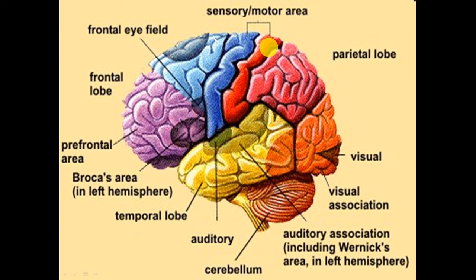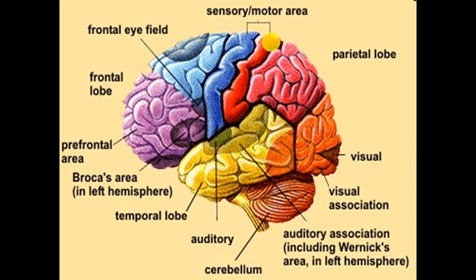The postcentral gyrus is for sensory. So it is receiving information from your body. So if you touch something, the sensory information goes up to your postcentral gyrus, and then you interpret what you're touching. This is how you can, for example, determine the texture of an apple versus an orange.